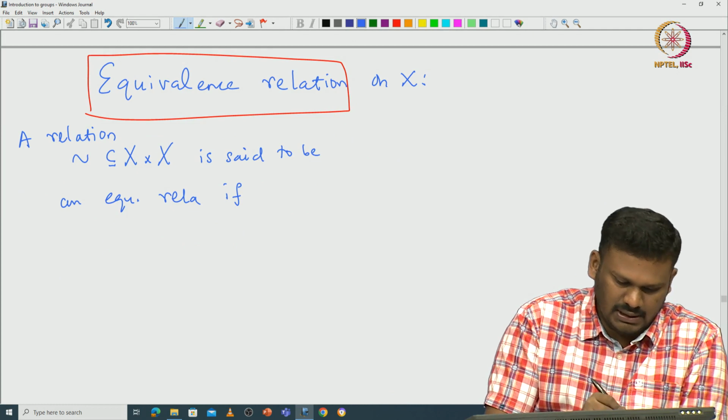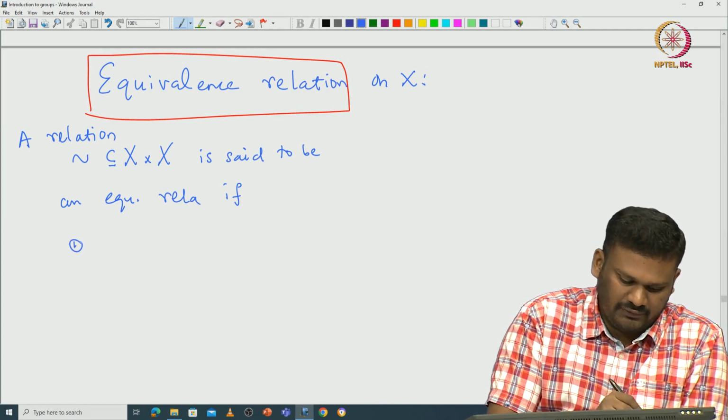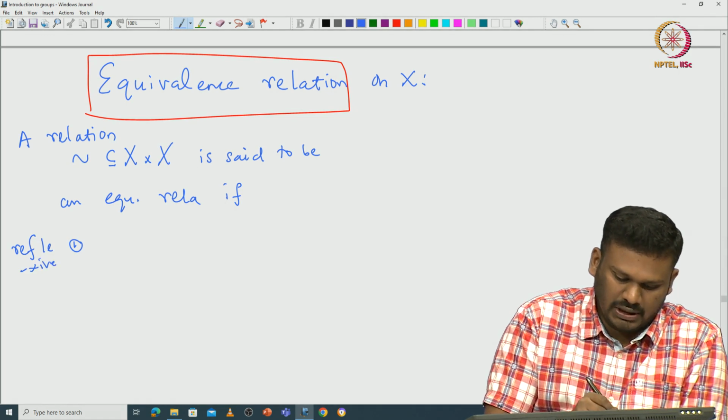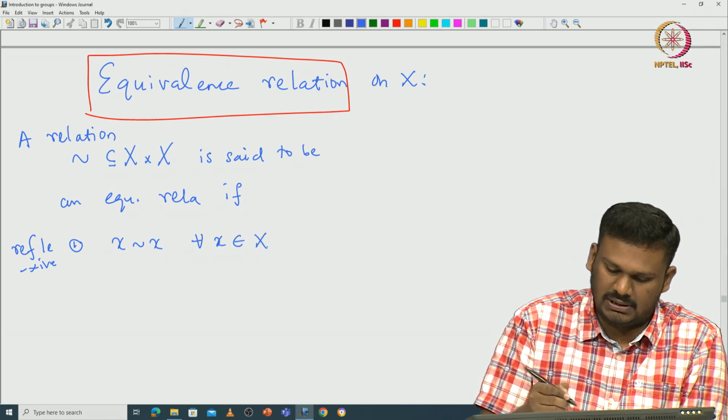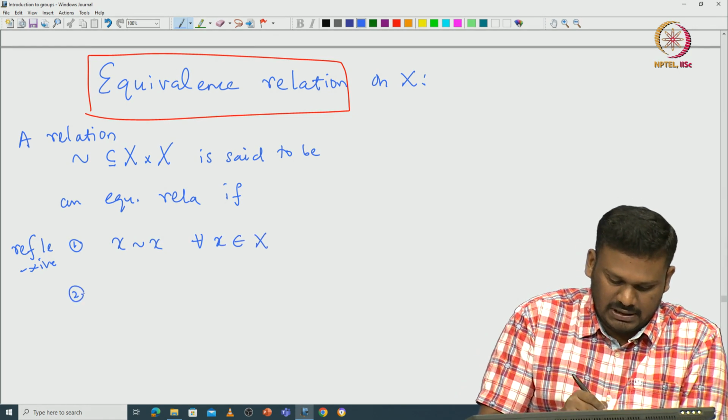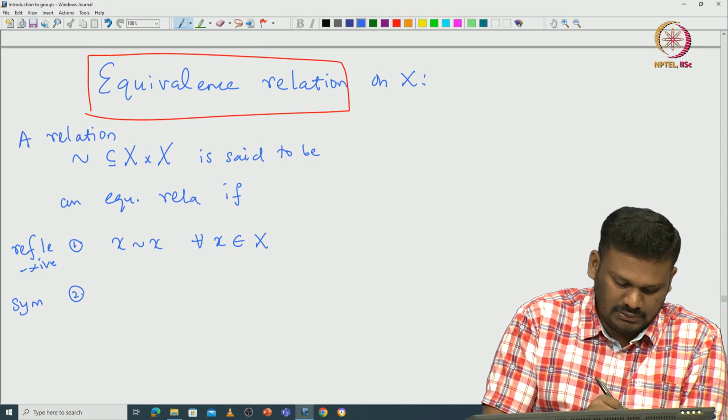So, let us see what they are. The first one is called reflexive. That means X should be related to X for all X in capital X. The second condition is called symmetric.